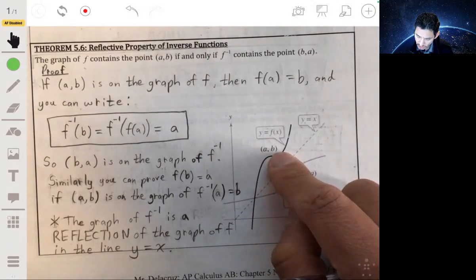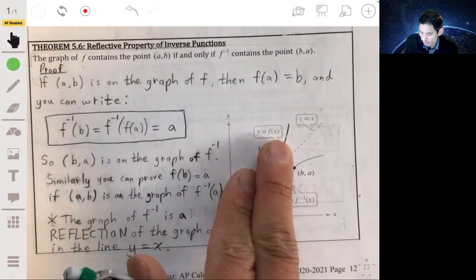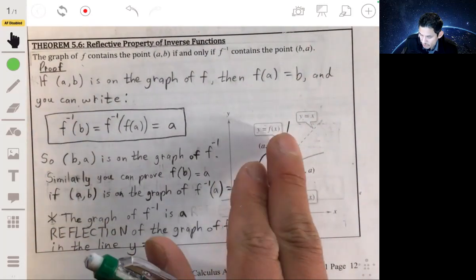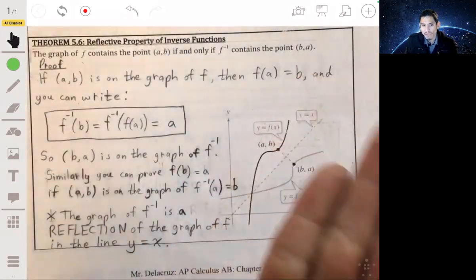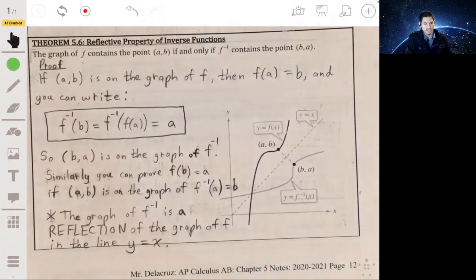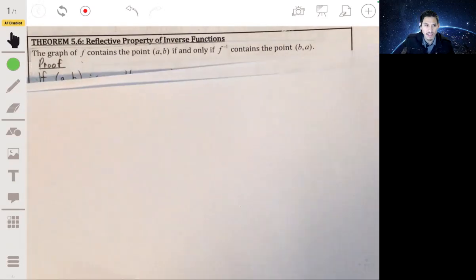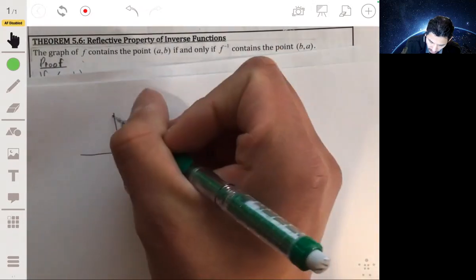So you can figure out what the graph of the inverse is visually by picturing what this line would look like if you reflected it over this line. Let's see if you're good at geometry. Let's look at an example of what I mean here.